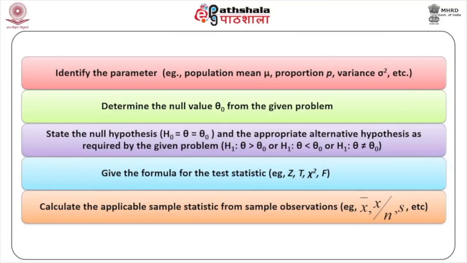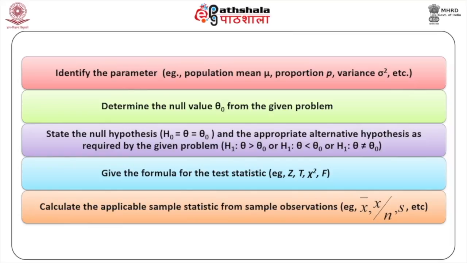Steps in the test of hypothesis. First, identify the parameter phi, for example, population mean mu, proportion p, variance sigma square, etc. Second, determine the null value phi naught from the given problem.